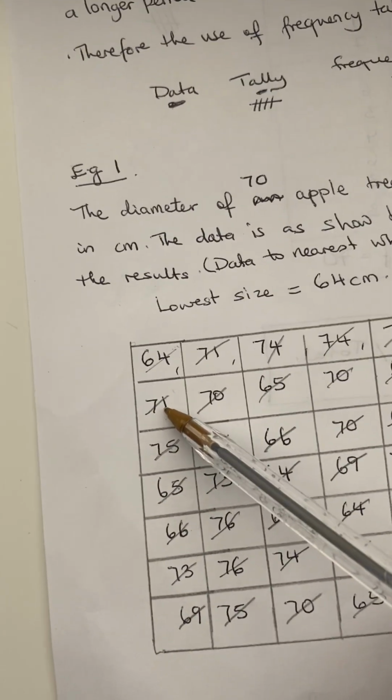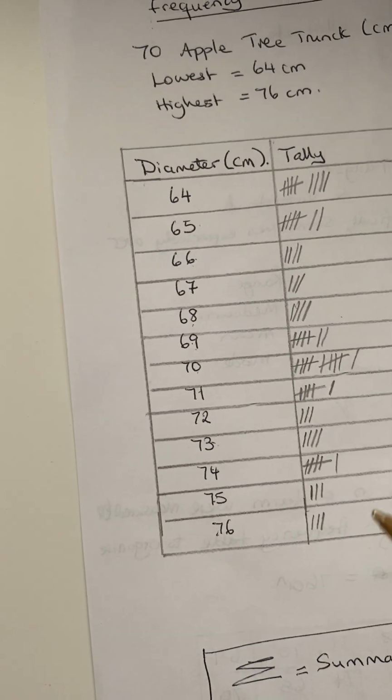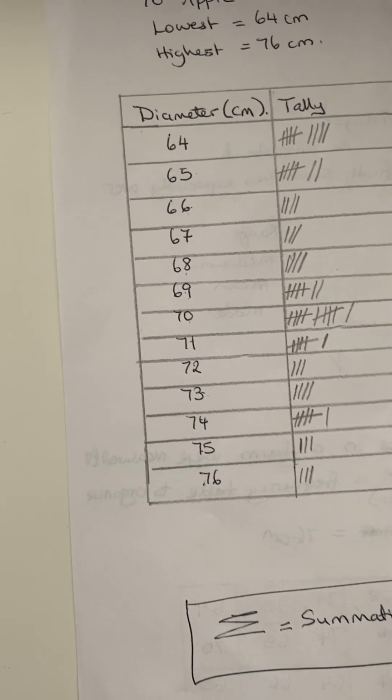You can also look at the number, cross it off, and then straight away give your stroke.